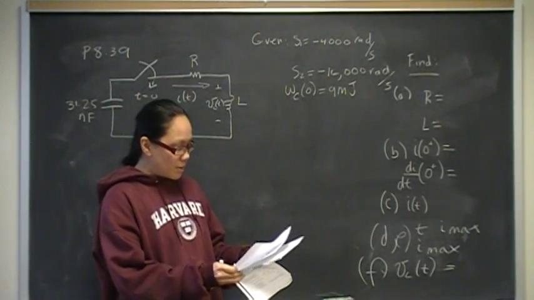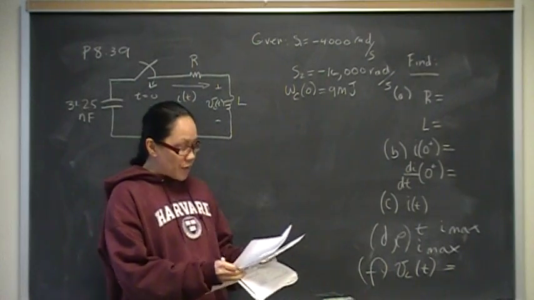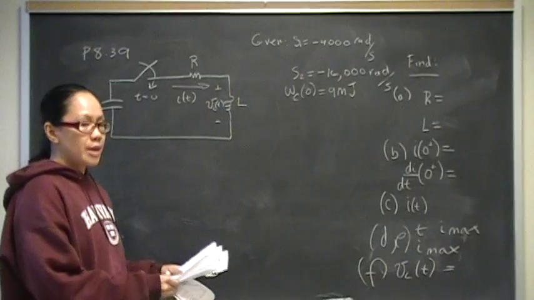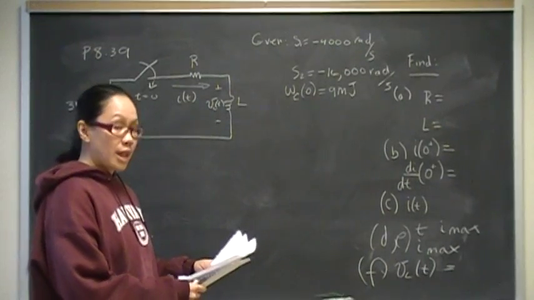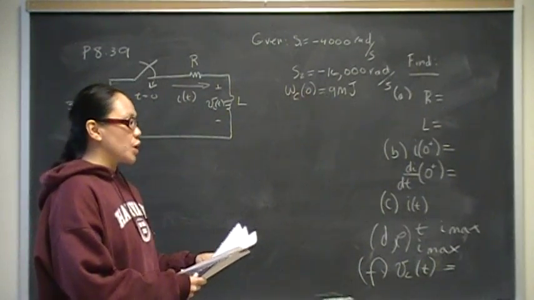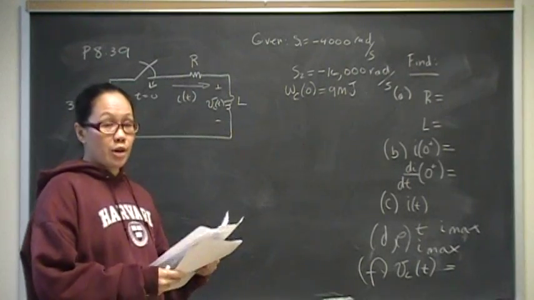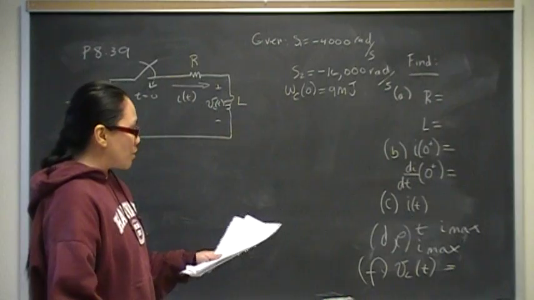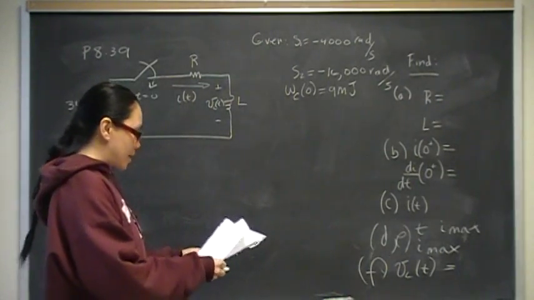From that, you should be able to find alpha and omega naught. That will become important later, because we need to find general equations, and to do that we need to know the response of the circuit. So doing that, you will be able to find R and L.